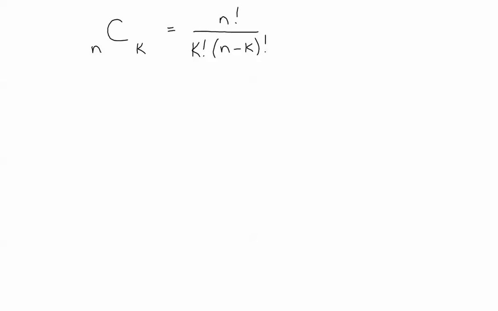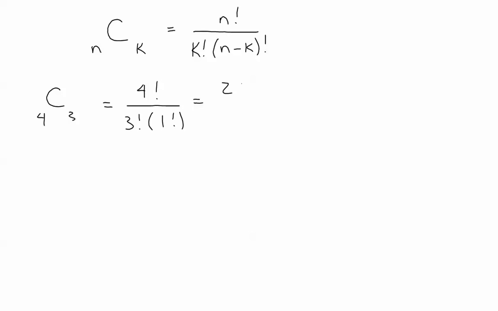So, referring back to our original experiment on the previous slide, we have C sub 4, 3. We have 4 letters, 4 objects, n, taken 3 at a time. This equals 4 factorial divided by 3 factorial, also divided by 1 factorial.